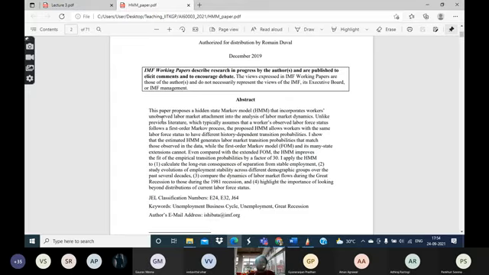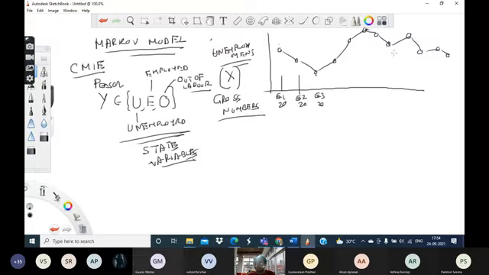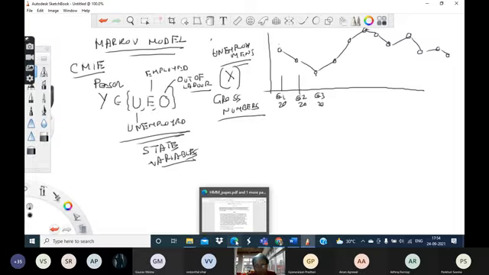What is labor market attachment? It means how that particular person is attached to the labor market. Are they employed, or unemployed, or out of the labor market? And what is labor market dynamics? It is how the gross numbers, that is, the unemployment number, are changing over time.